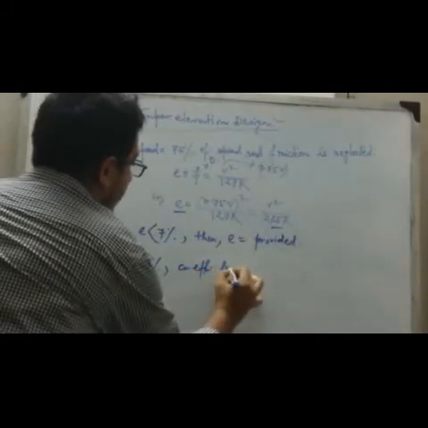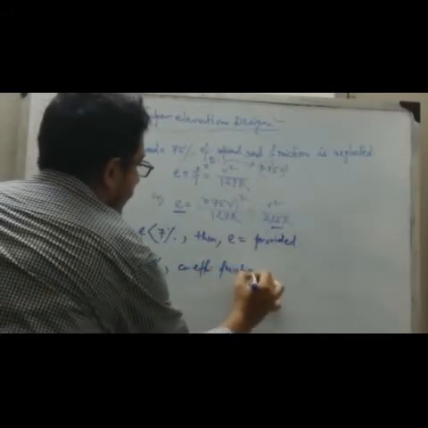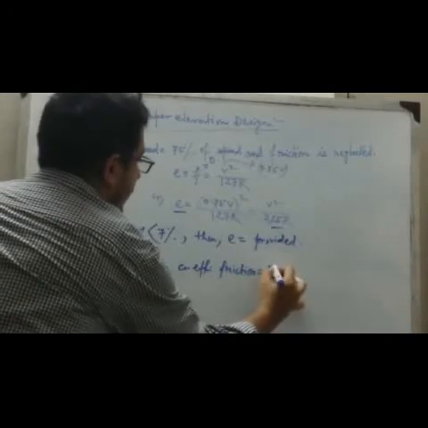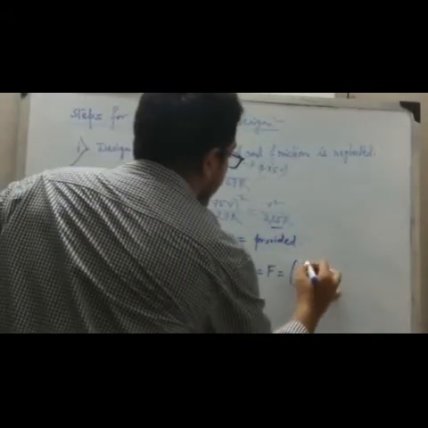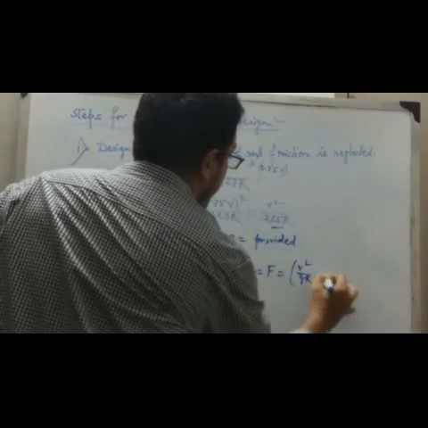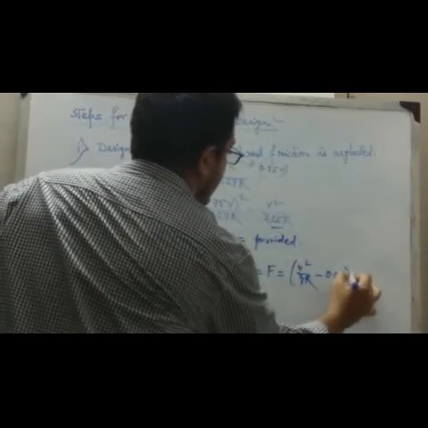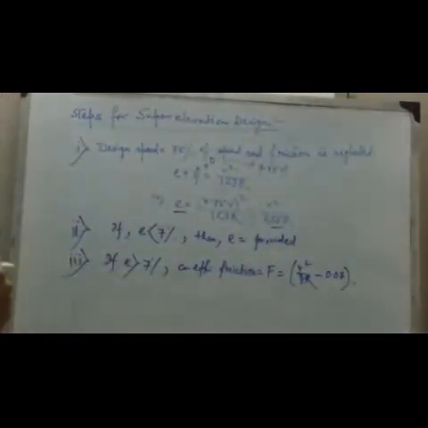then we have to calculate the coefficient of friction, denoted as capital F, and this is actually V square by GR minus 0.07.